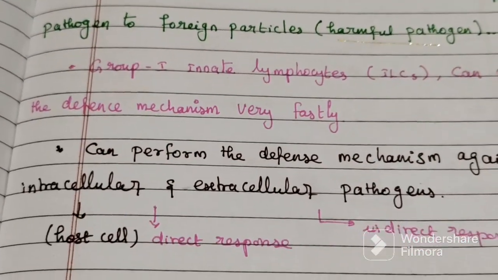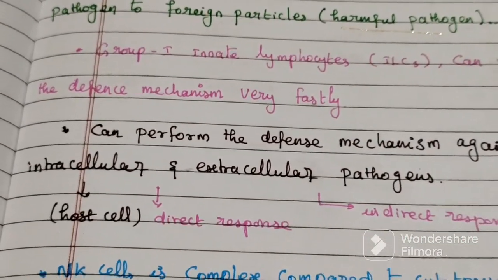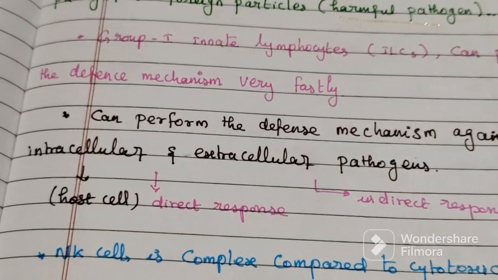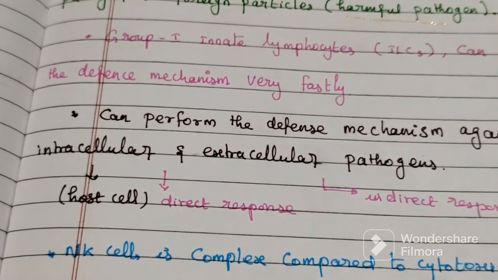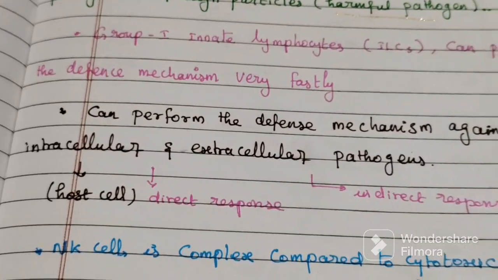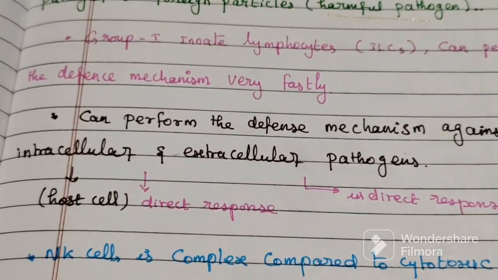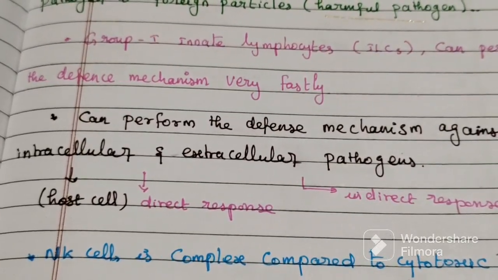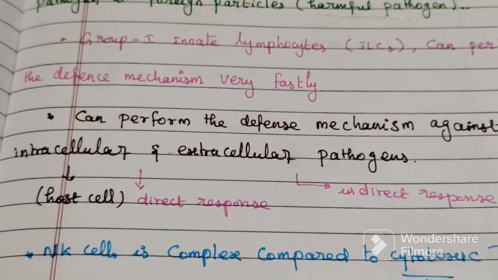NK cells can perform the defense mechanism against intracellular and extracellular pathogens. Pathogens which are inside the host cell, such as macrophages, are called intracellular pathogens. To kill those, generally a direct response will happen.